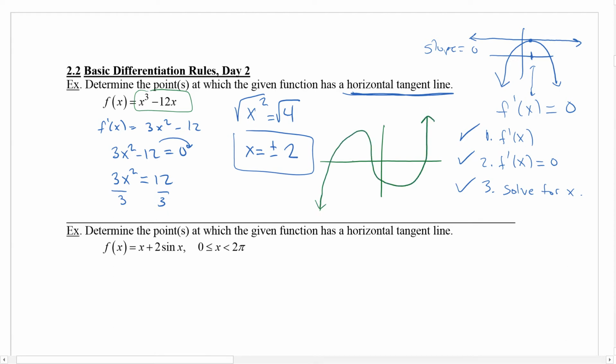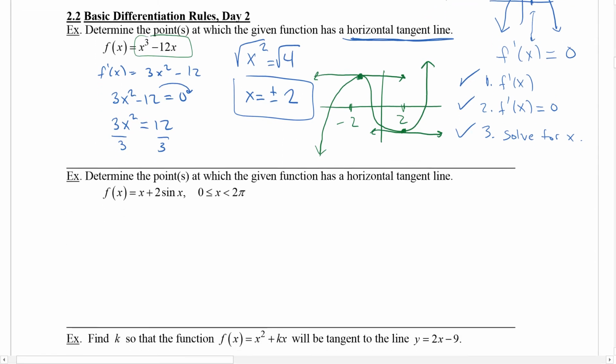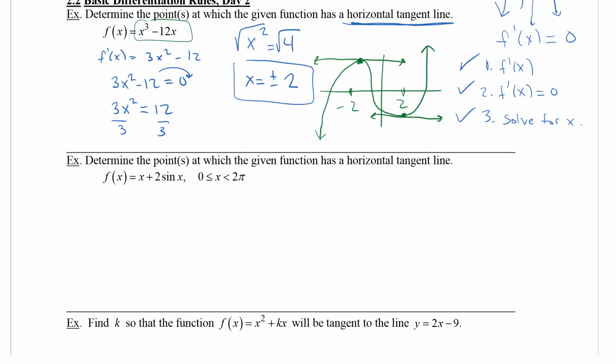This is negative 2, this is positive 2, and it probably looks something like this. This is only a sketch. There's a horizontal tangent here, and there's a horizontal tangent here. That means that at x equals plus or minus 2, the cubic function has horizontal tangents, which occur at the maximum and the minimum.